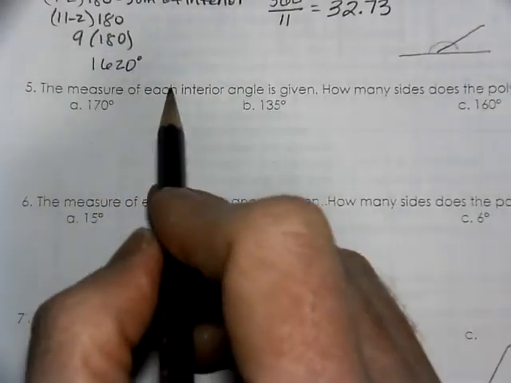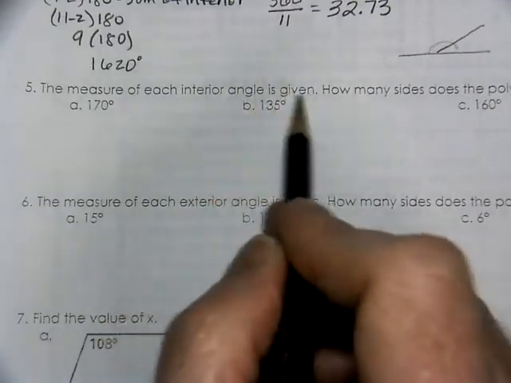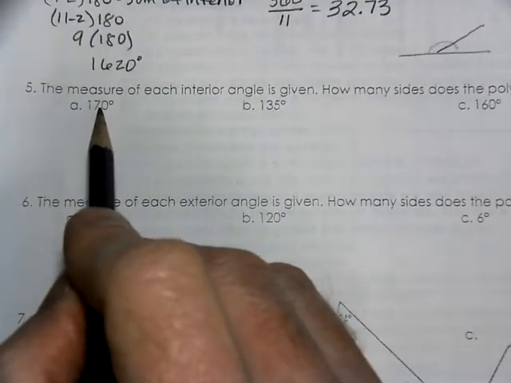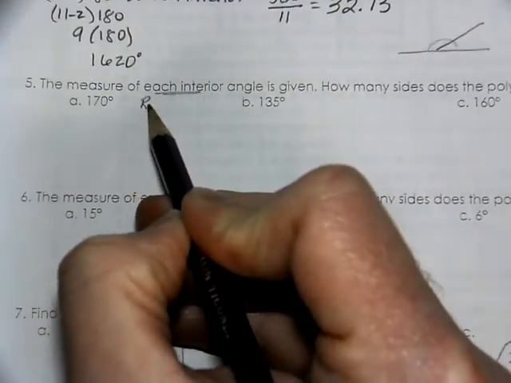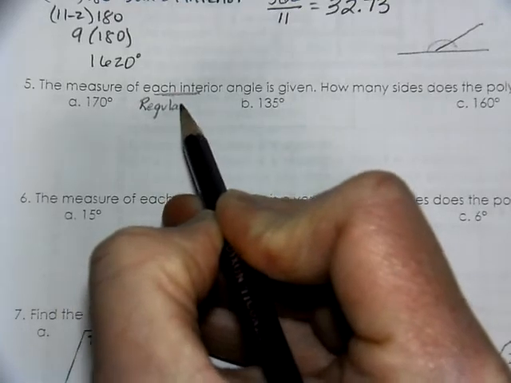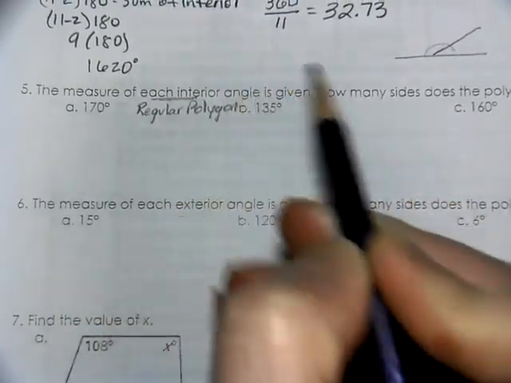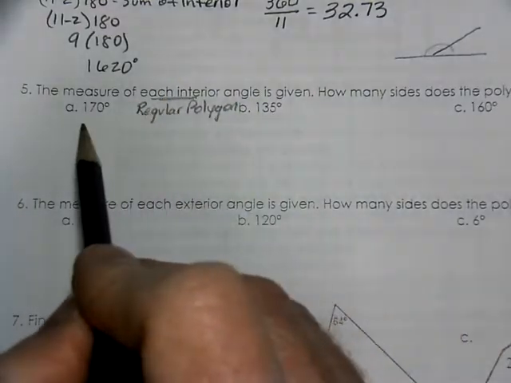Here we're looking for the measure of each interior angle. If each interior angle is 170, each being a regular polygon, okay, that would imply that it has to be a regular polygon.